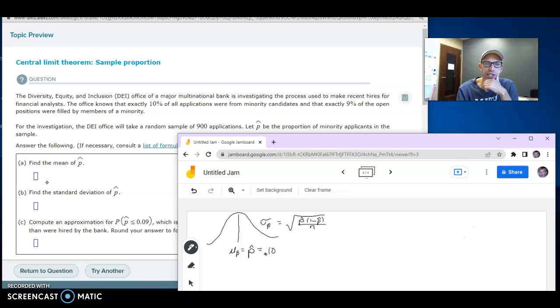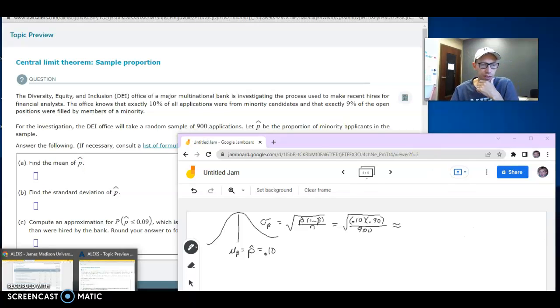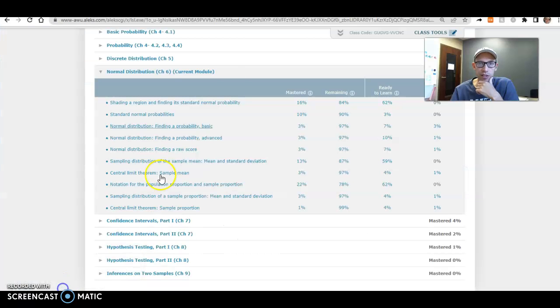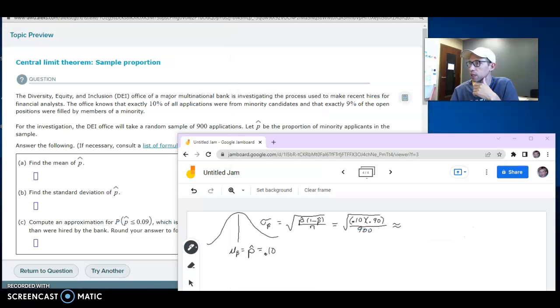What about standard deviation? Standard deviation is going to take a little bit of work here, but not too bad. So we take that mean, 0.10, 0.1 would work fine. Multiply it by 1 minus that, which is 0.9, over the sample size. And here it looks like our sample was 900 applicants. Let's do this calculation quickly.